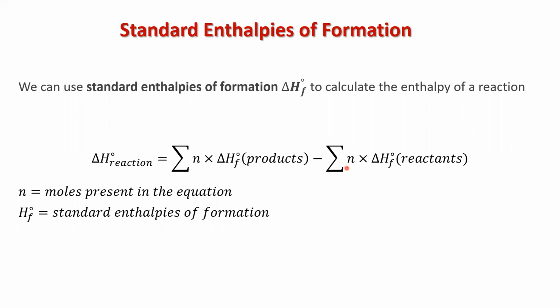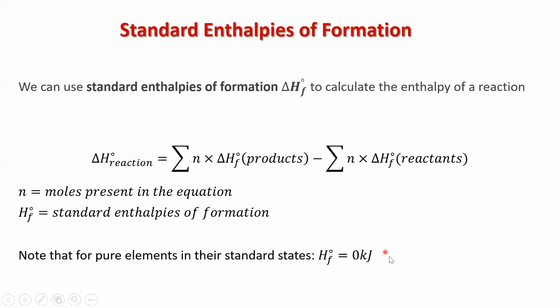The H of formation is the standard enthalpy of formation values, which you can look up on a table. And again, just noting that pure elements in their standard state have an enthalpy of formation value of 0 because they're not compounds being formed from their elements, they're elements themselves.